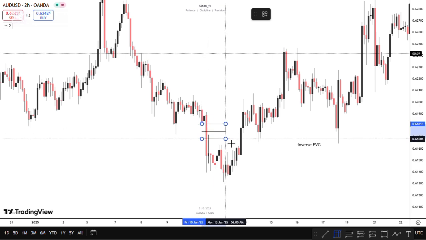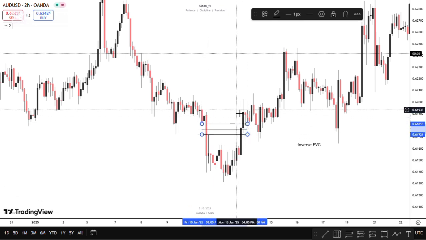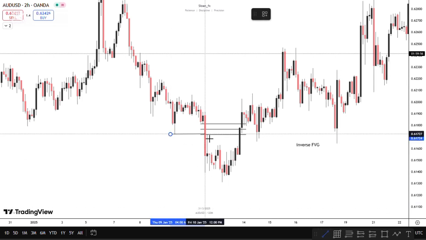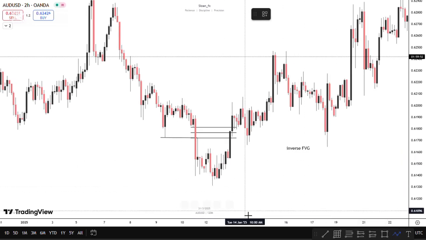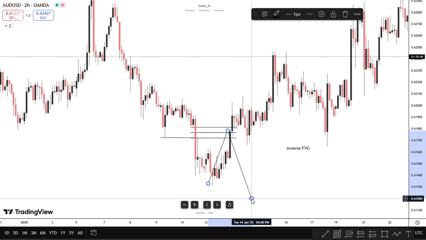And then as it stands now, the market actually broke structure to the downside here. So what we should be expecting now is a move like this. It returns back into that fair value gap and then a continuation to the downside.